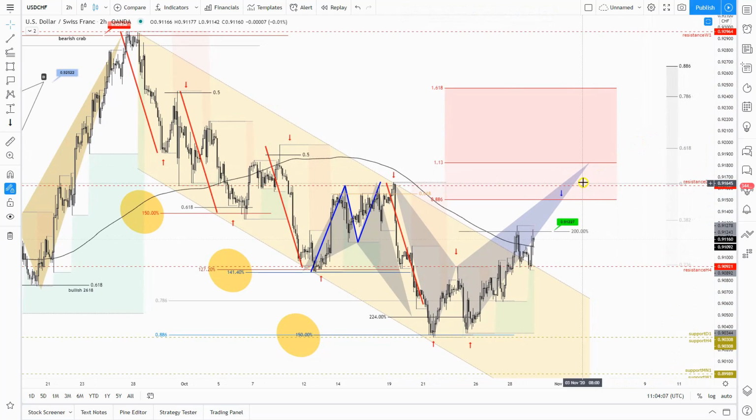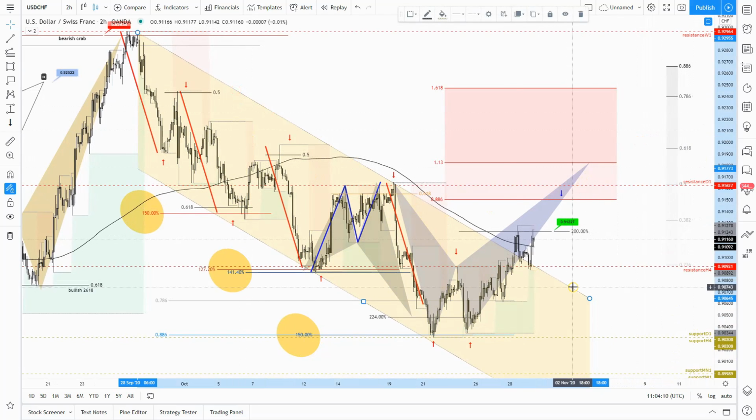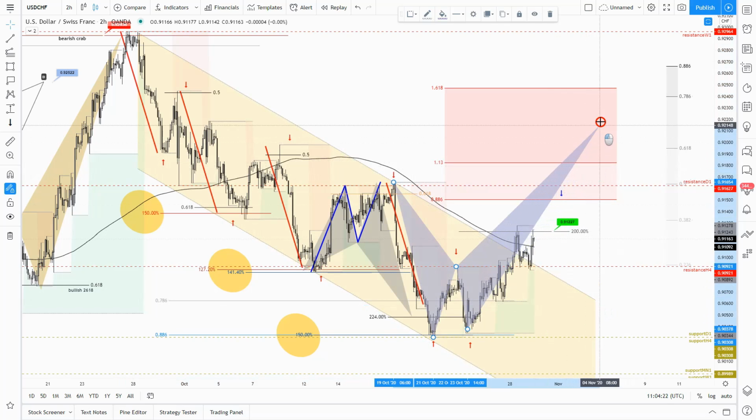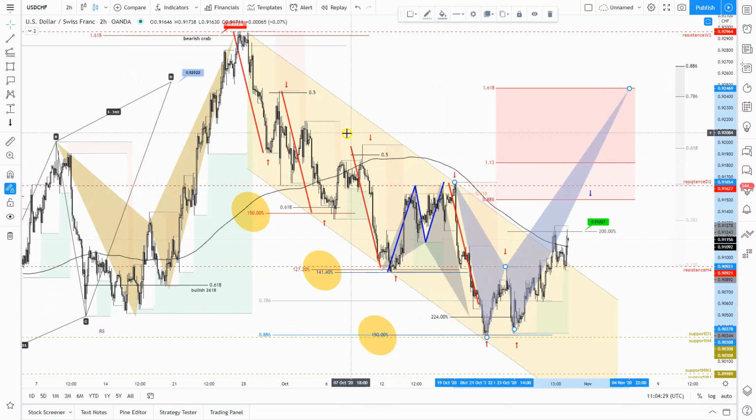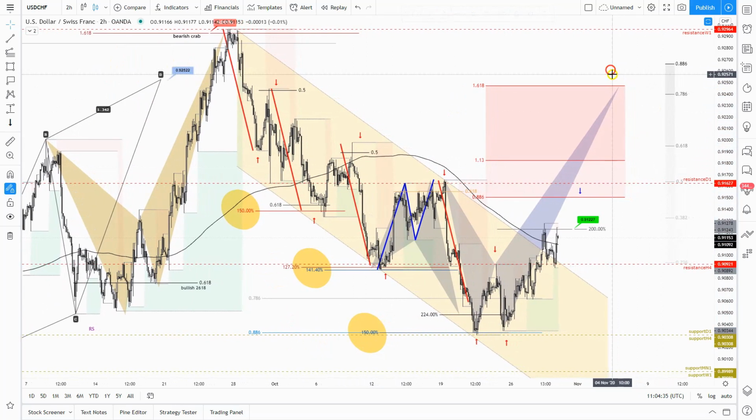And I will not be surprised because the market is already threatening the violation of the most recent descending structure. I will not be surprised to see a rejection of this structure again, and then pushing into new highs above that daily fractal and even above these highs from October. Okay, this is the crab pattern extended above.